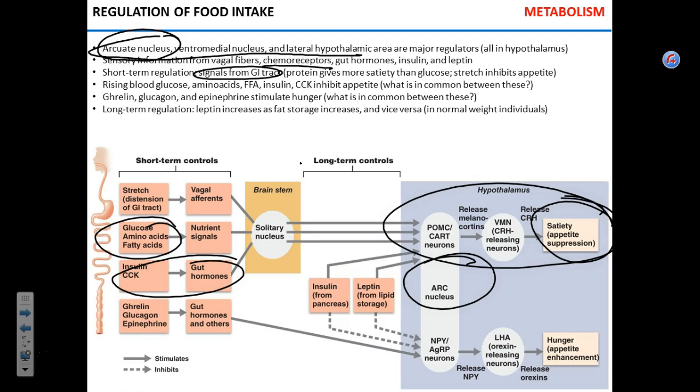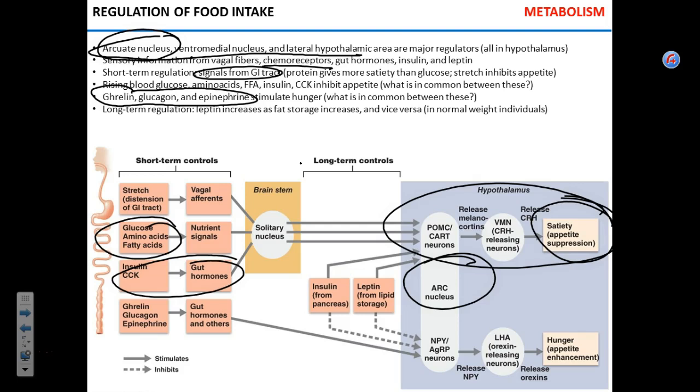Hunger hormones: ghrelin, glucagon, epinephrine. When you're stressed, these are produced, except for glucagon. Glucagon is produced when your carbohydrate levels are low, you're starving. But ghrelin is the hormone of hunger. Epinephrine is the hormone of stress.